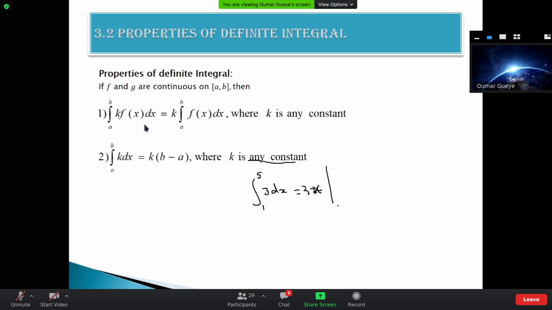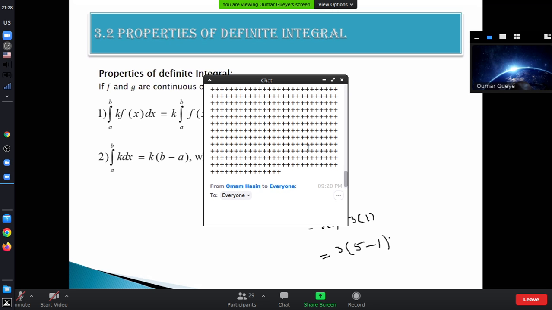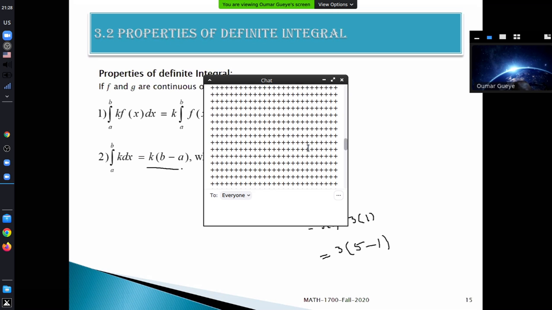And when you evaluate it at 1 and at 5, it's going to be 3 times 5 minus 3 times 1, and you will get 12, and that's exactly what the formula said.